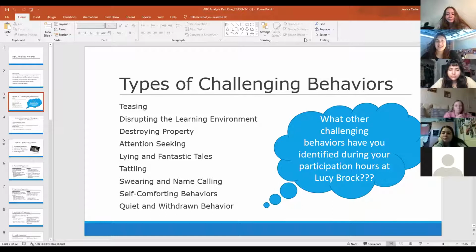Lying, extravagant tales, again, with an understanding of developmental appropriateness. Tattling can be a challenging behavior. I used to ask my children, is this a tattletale or is this a safety tale? I'm interested in safety tales. I'm not interested in tattletales. But if it's something I need to be aware of to help keep you or the classroom safe, let me hear it.